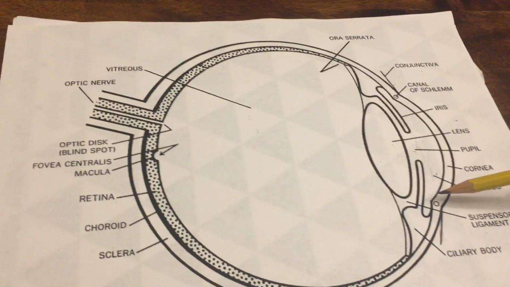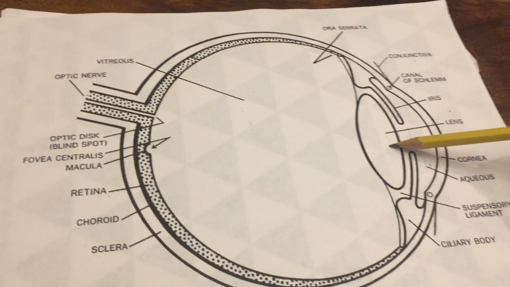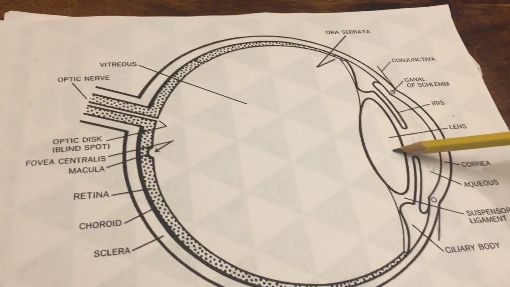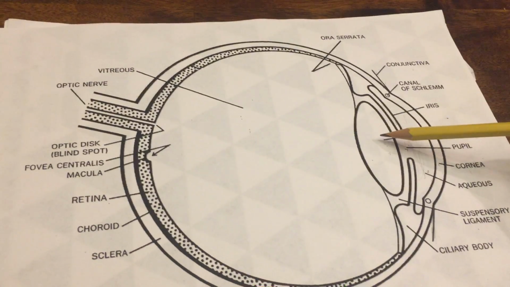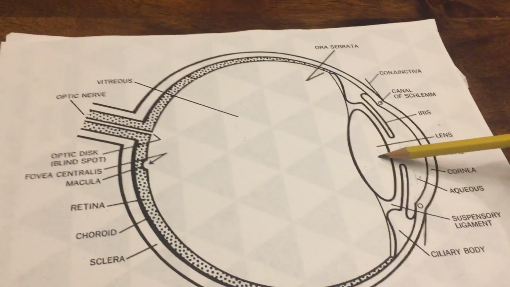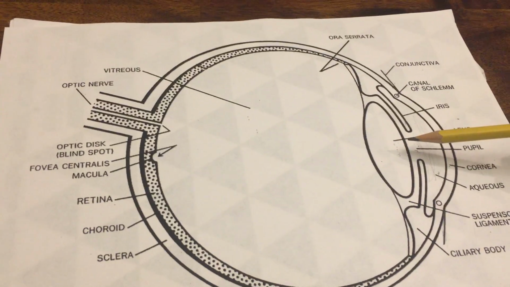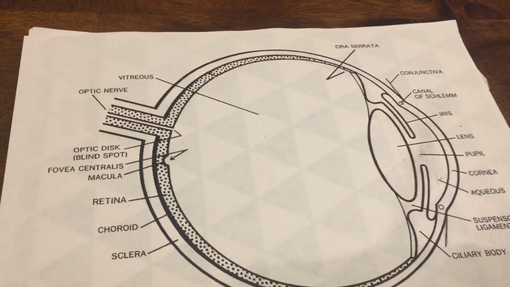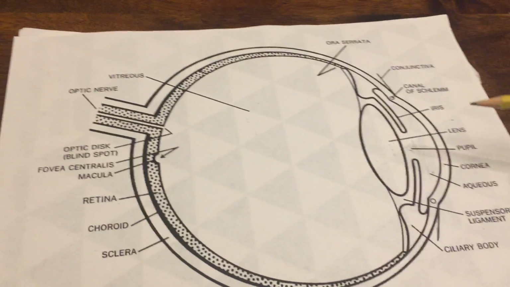Let's go to the lens. Here's the lens. The lens is at the back. It focuses the light by changing its curvature. So as it's focusing on something very near, it gets larger, and farther, the lens gets flatter as it focuses farther.